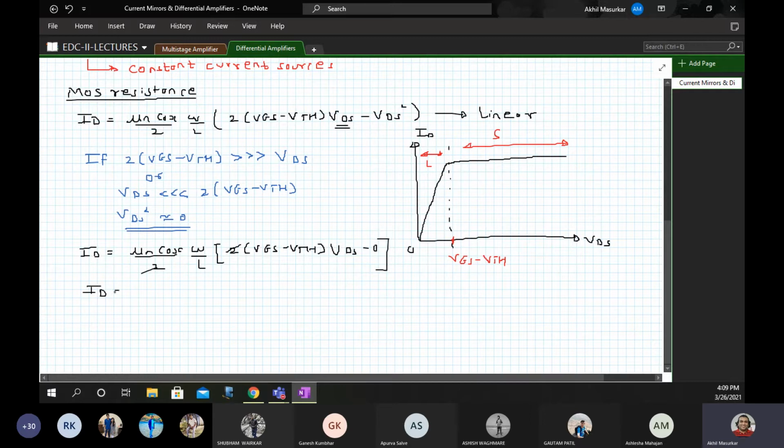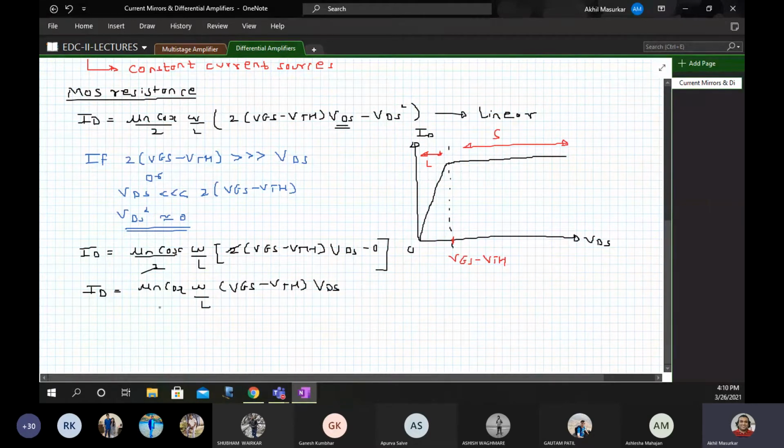And we can write ID is equal to mu n COX W by L into (VGS minus VTH) into VDS.